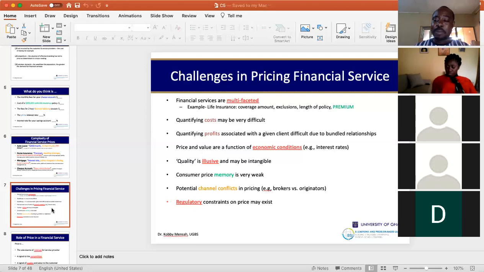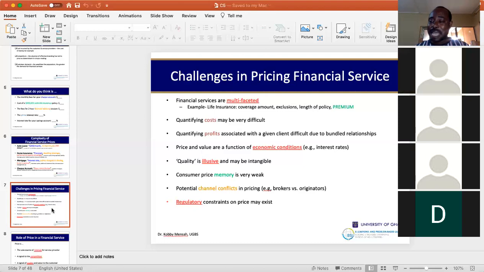So if, for example, you have made let's say 100,000 cedis profit out of loans, all right, you can't actually argue that the 100,000 cedis profit that you made is just as a result of your loan portfolio, all right, because other services might have actually contributed to that particular loan facility. So it makes it difficult to even quantify and actually allocate the profitability and where it's coming from.